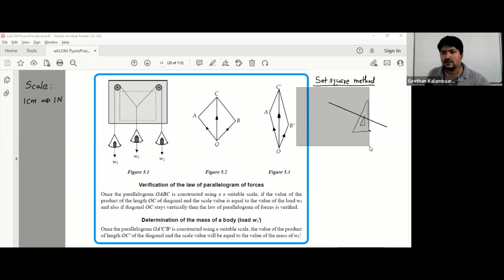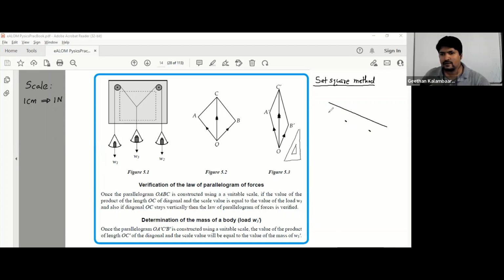Then you take the set square and keep it at another place, and there you do the same thing and trace that point as well. Now we have traced the points, so you can remove the set square. I have two markings on the white sheet.